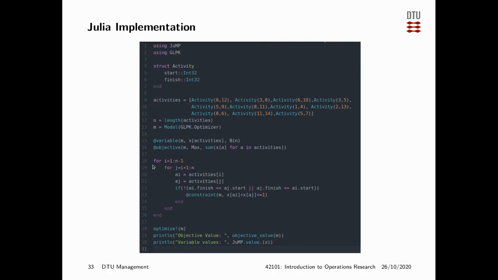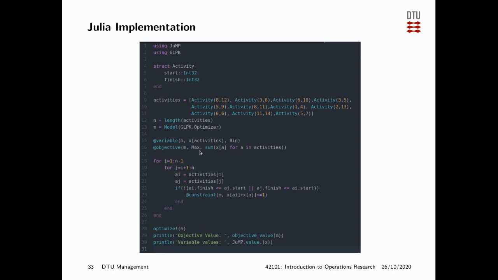We set some parameters. We set a parameter n, which is just the length of this activity array. We define a model. We have a binary variable now associated with each of the activities here. So that's what this construction says here. Our objective is now to maximize the sum of the binary variables for all of the activities we have.